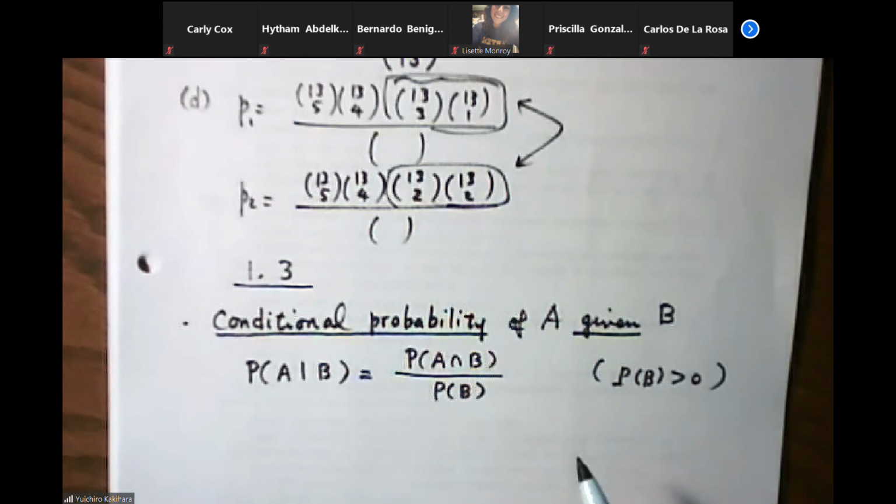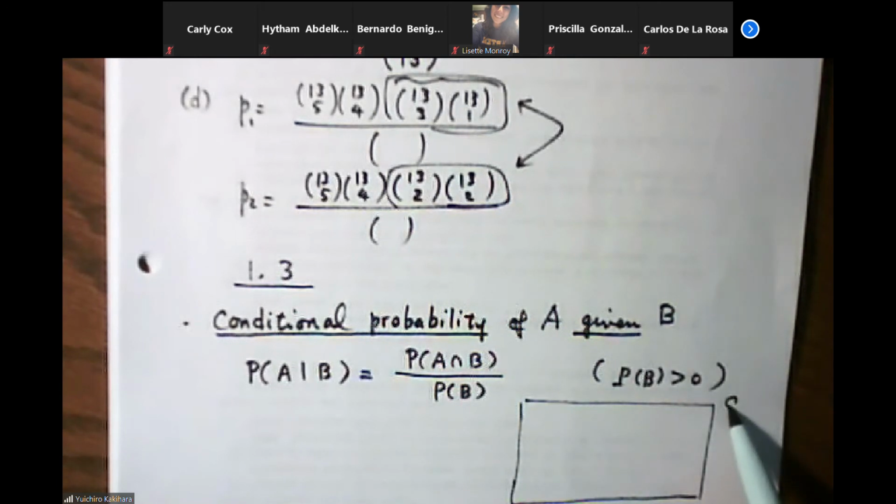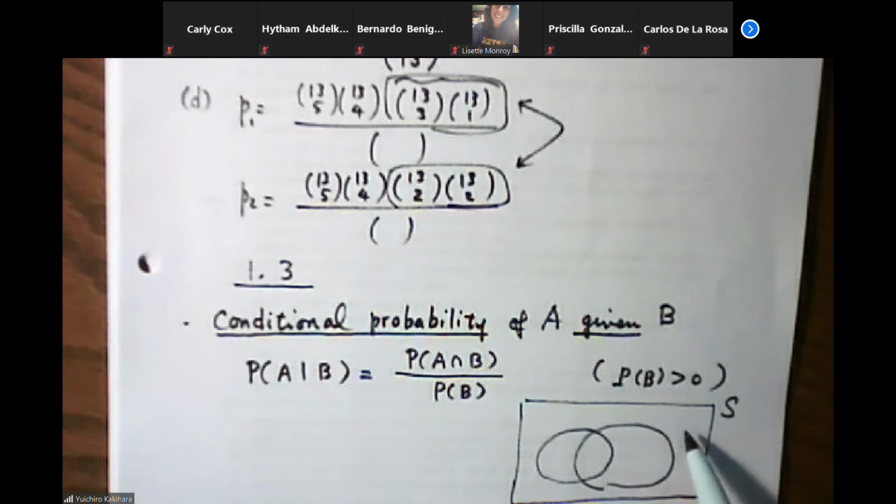And as I mentioned, this is the sample space S, and this is A, and this is B. Now we're talking about space B. This is our whole space, and then A is which portion?